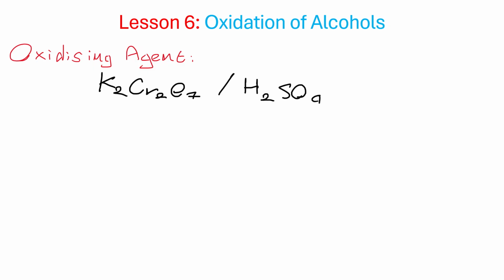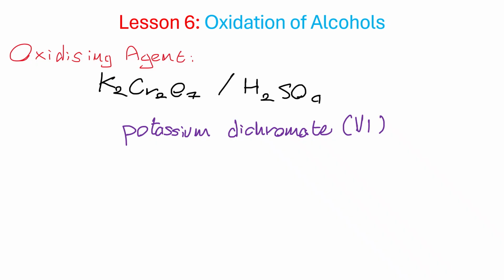The oxidizing agent, potassium dichromate, is written with Roman numerals. The 6 in Roman numerals represents the oxidation state of the chromium atoms in the dichromate ions, which are written as so.